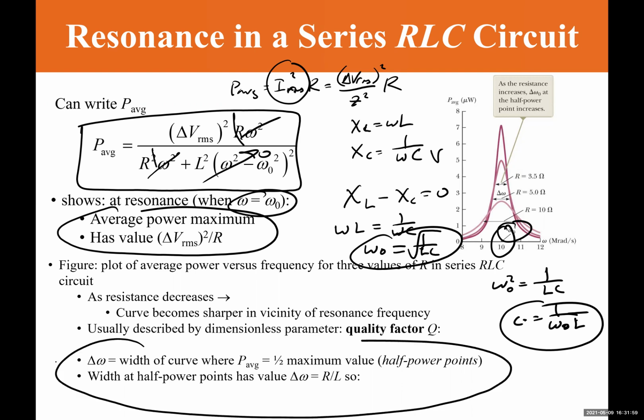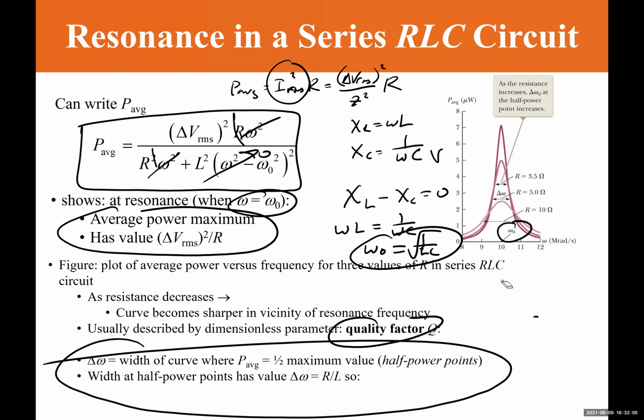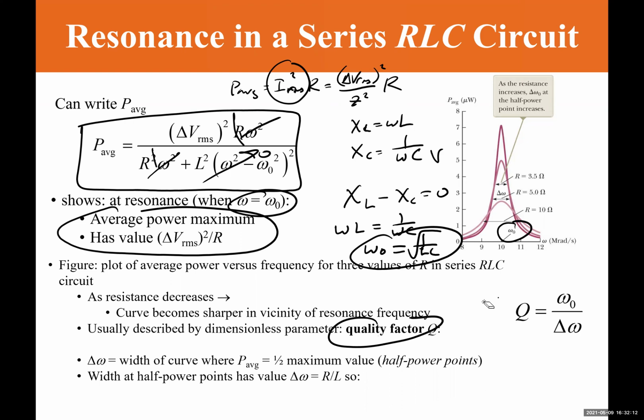So one thing we have here is what we call the quality factor, Q. This Q is written as omega naught over delta omega, the ratio of the resonance frequency over the width of the curve. The width of the curve is where P average equals 1/2 the maximum value, the half power points.